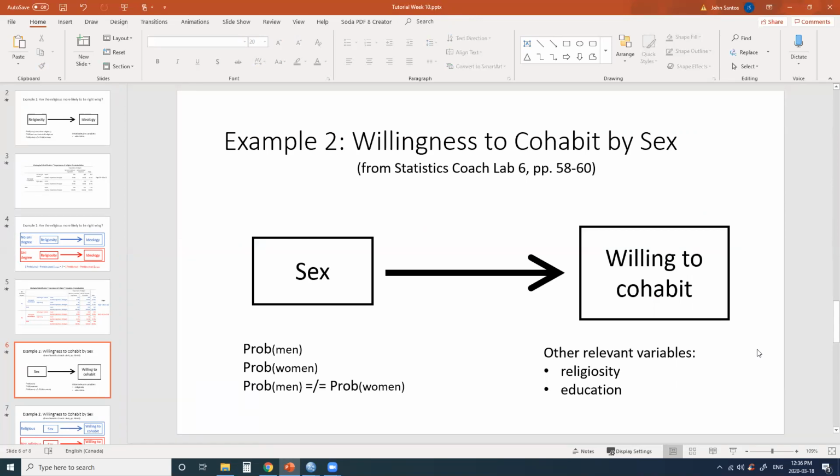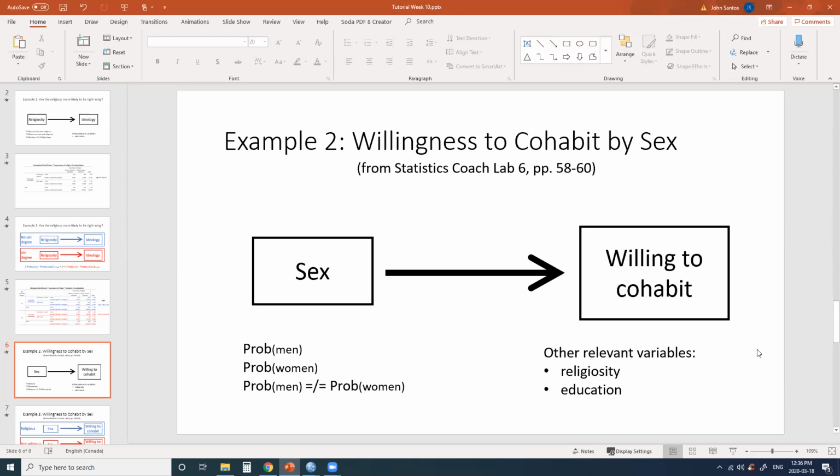So they offer this suggestion that men are more likely to be willing to cohabit or to live common law than women. And one possible explanation for this is that traditional gender norms, there are gender differences in how we evaluate the morality and perhaps the purity of people, and that women pay a higher social price when they cohabit, or the term back in the old days was to live in sin, as it were.